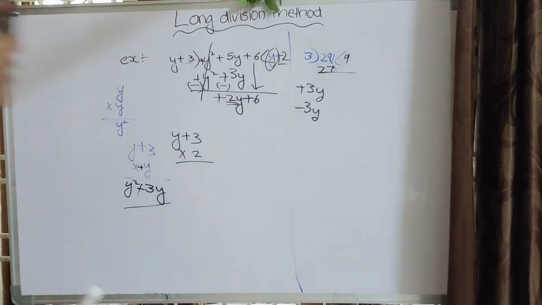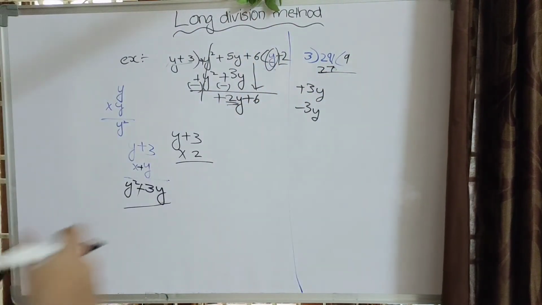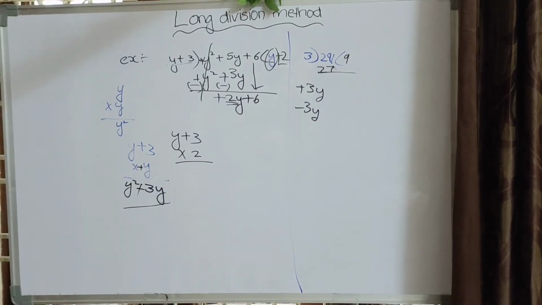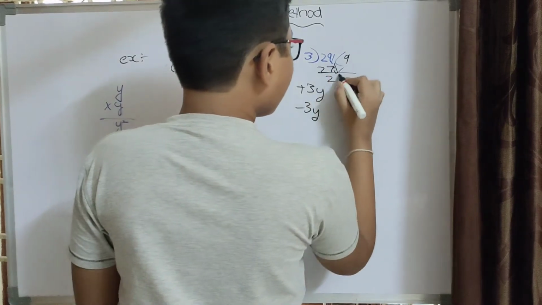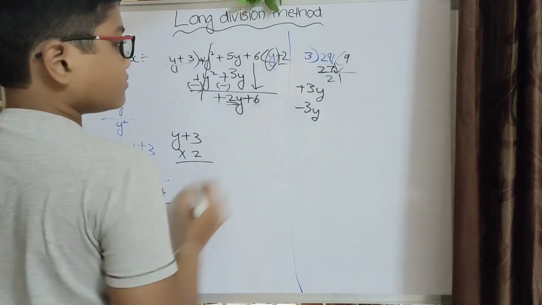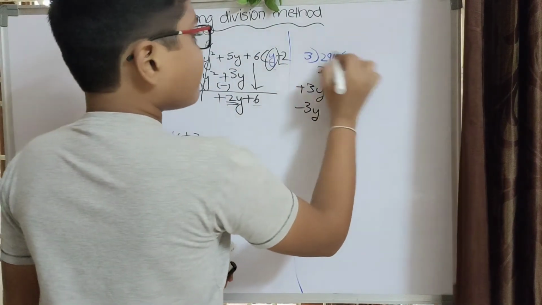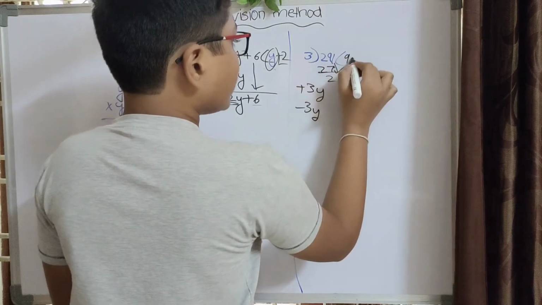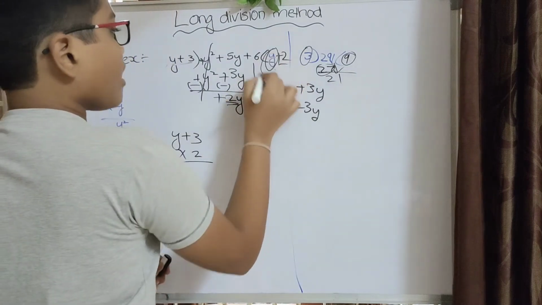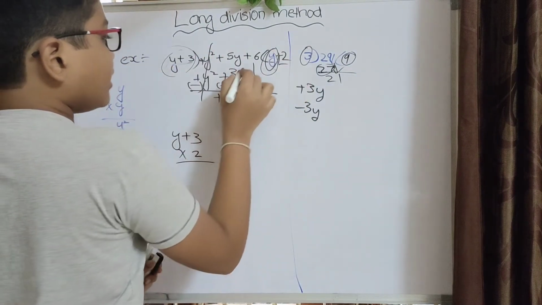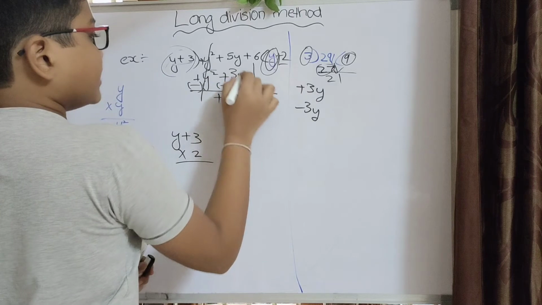Now 9 minus 7 is 2. Now here 1 will come here, same way 6 will come here. We multiplied 9 1 is 9, 3 9s are 27, we wrote here. Here also y plus 3, y square plus 3y.